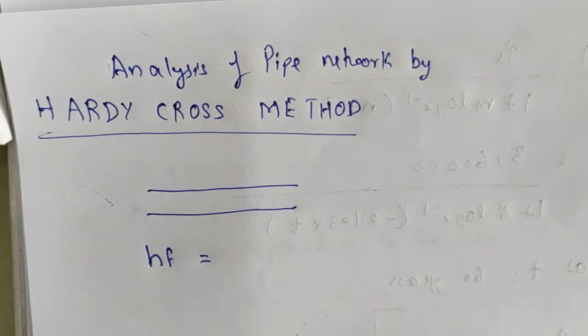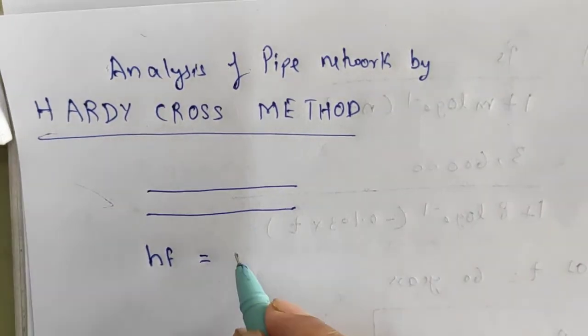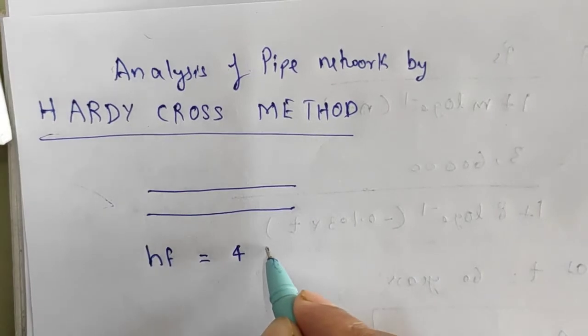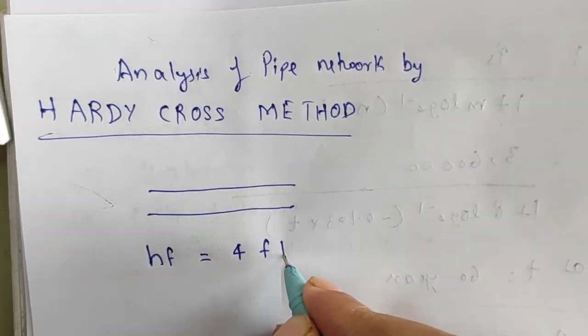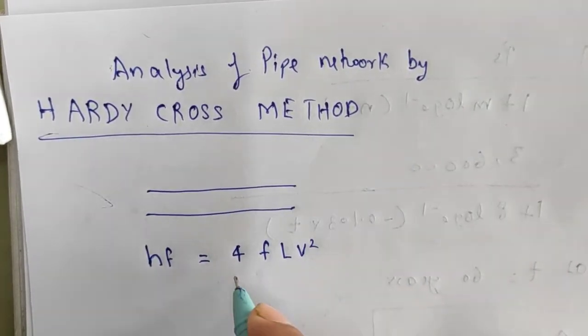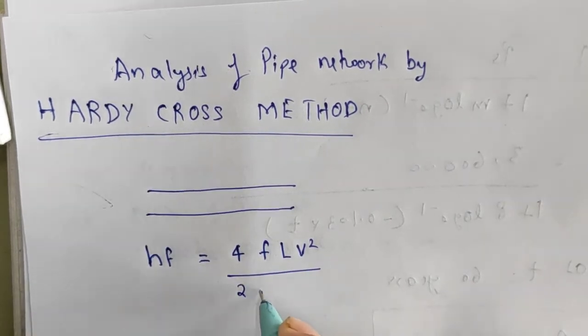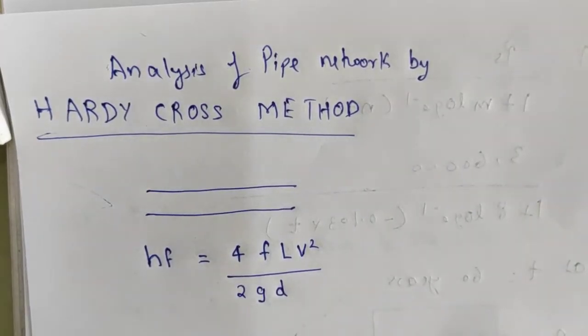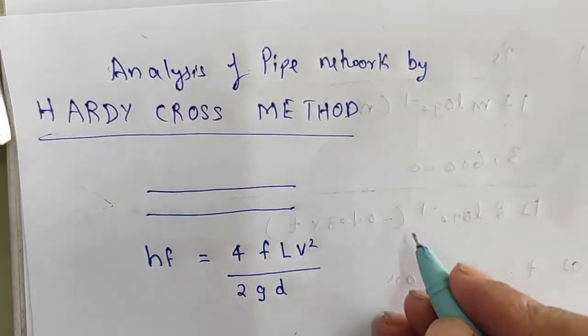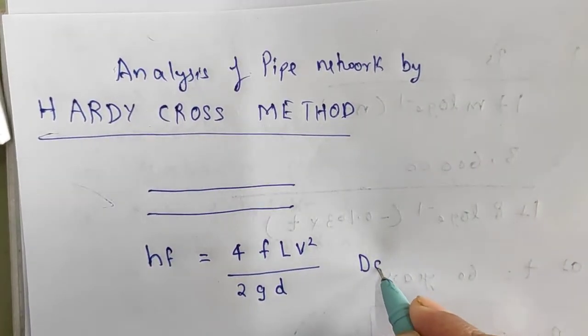What is this head loss due to friction? It is 4FLV square by 2gD, right? So the head loss due to friction in a single pipe is hf equal to 4FLV square by 2gD.